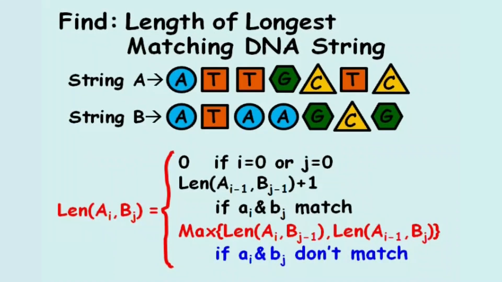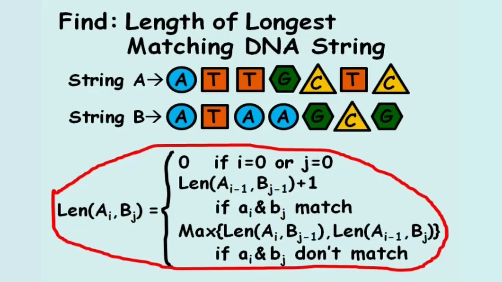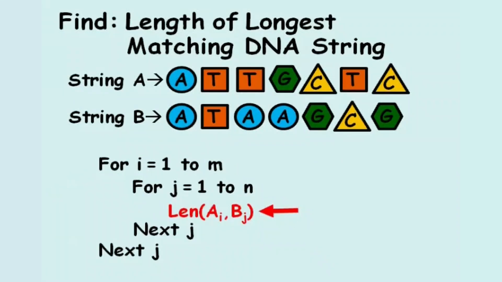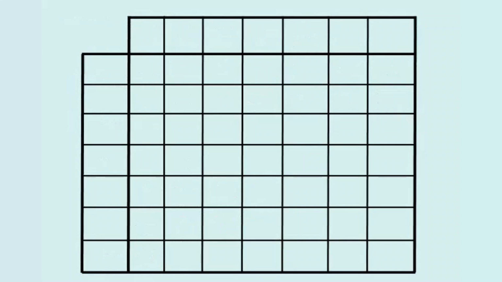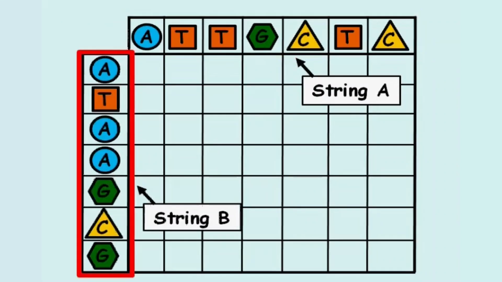When i equals m and j equals n, then length Ai,Bj can be represented as simply length AB. This length function we just defined will be used as we loop through string A and string B. At this point, it would be easiest to set up a table where string A is listed across the top and string B is listed along the left side.